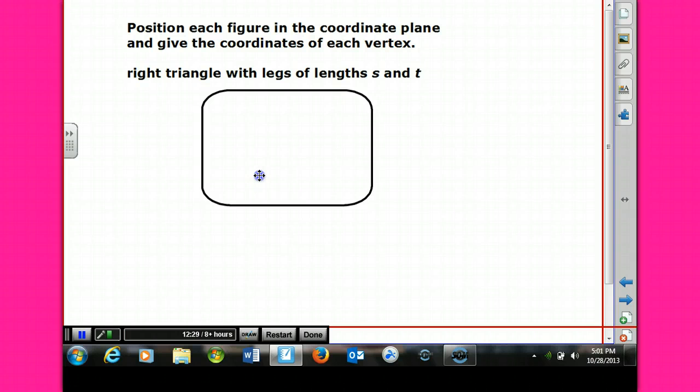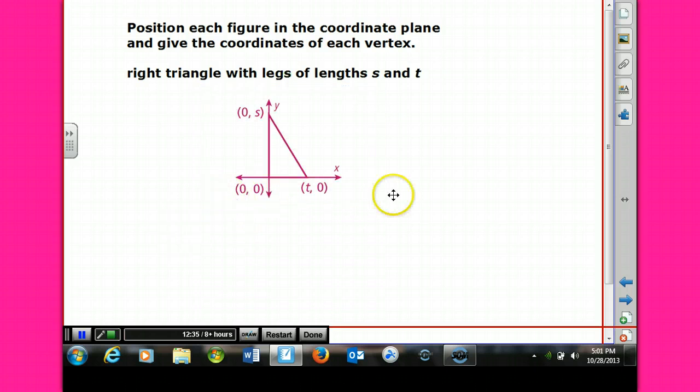All right, so here is one correct answer, and there are others. On a coordinate plane, you could place the right angle at (0, 0).